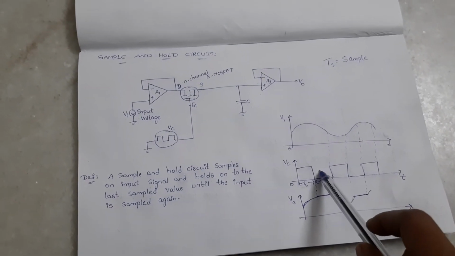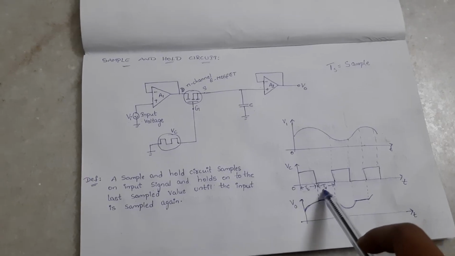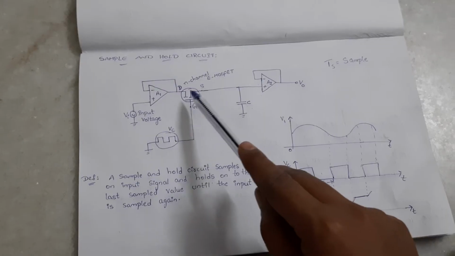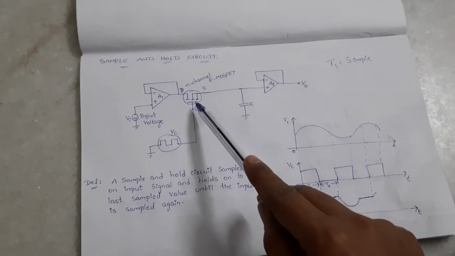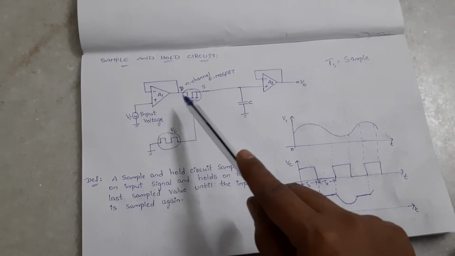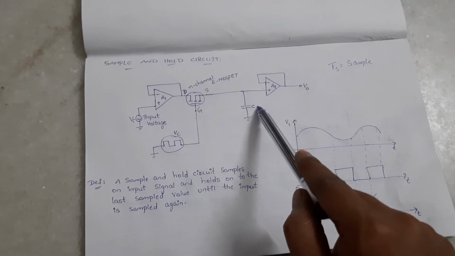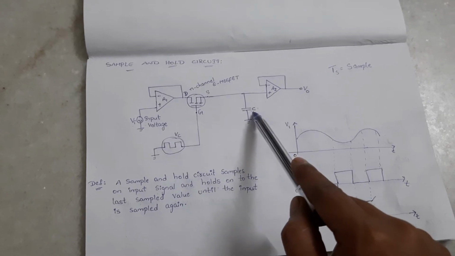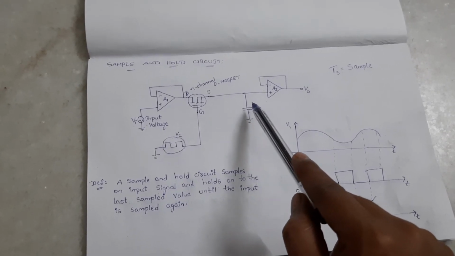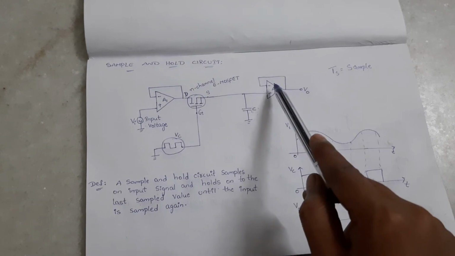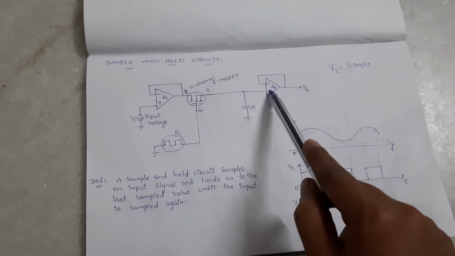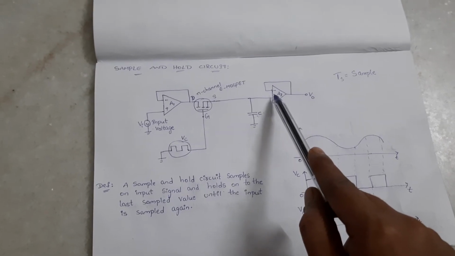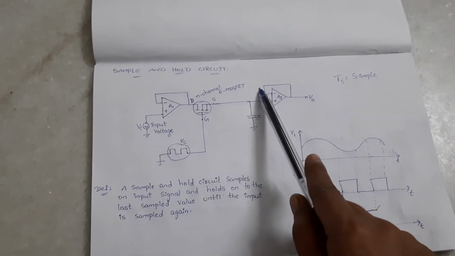Whenever the control voltage goes to 0, this N-channel MOSFET is off. So there is no path for the input voltage to move to this capacitor. Now the capacitor should discharge, but it is unable to discharge because the op amp A2 is providing high input impedance.